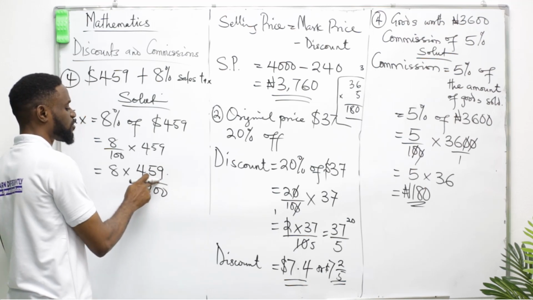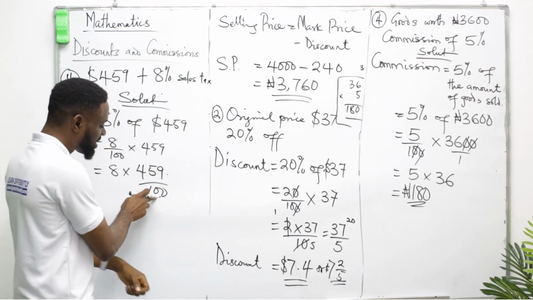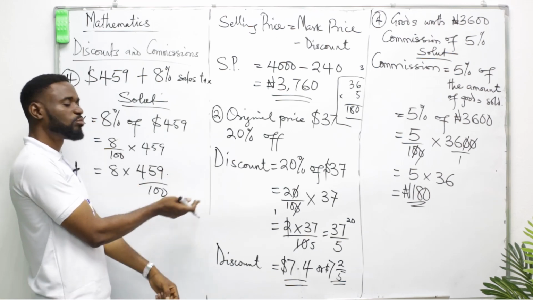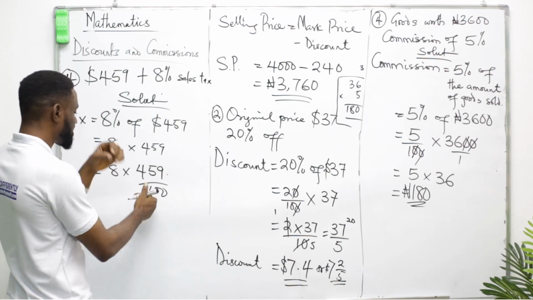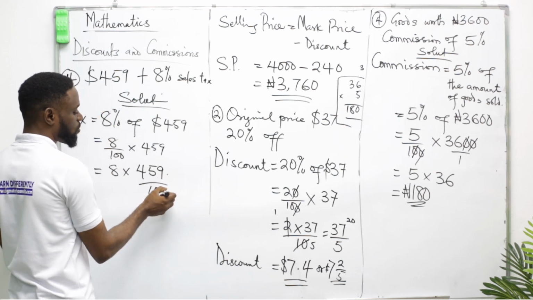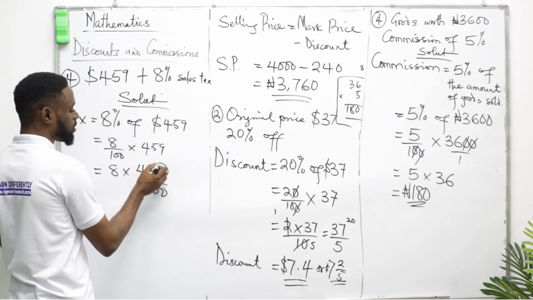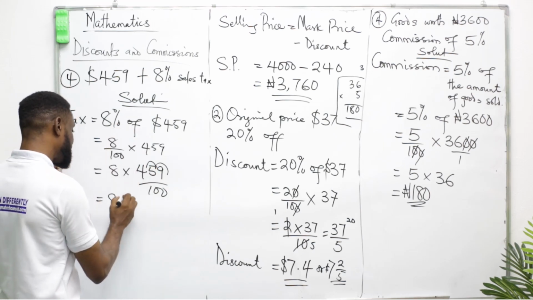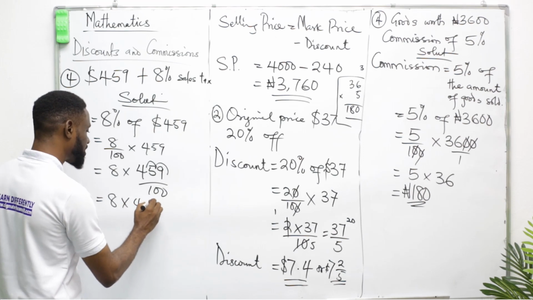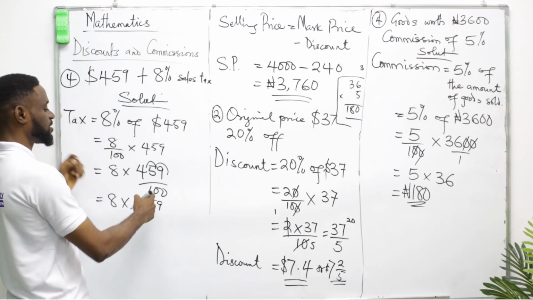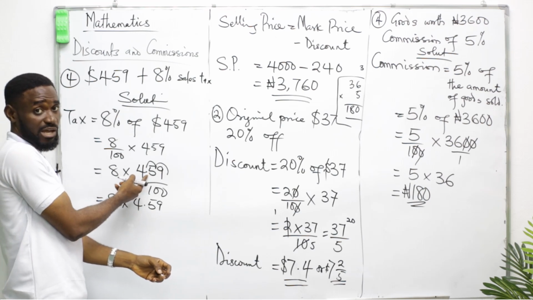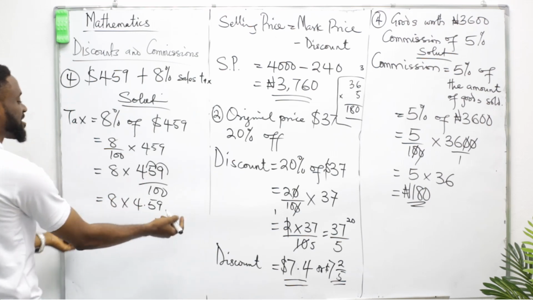This 100 here, because it has 2 zeros, the point will move backward 2 times so that this will go off. So it will go 1, 2. So the point will now come here. So this will now mean 8 times 4.59. This 100 is off. We have removed it by introducing the point here. Is that okay now? All right, so we can easily solve this now.